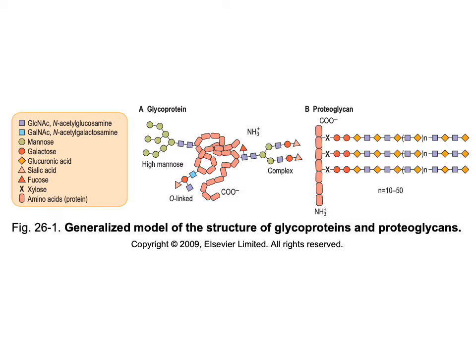So they could be receptors, they could be enzymes, they could be other proteins carrying out other functions that have been decorated with these oligosaccharides. The proteoglycans, on the other hand, have this shorter polypeptide backbone, and then they have these long linear carbohydrate chains coming off of them.